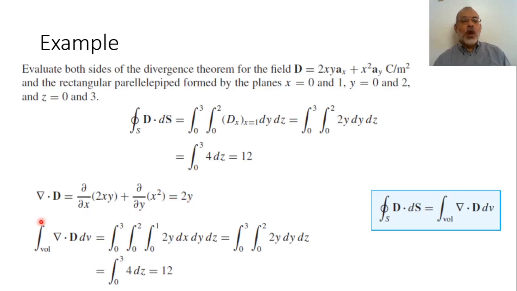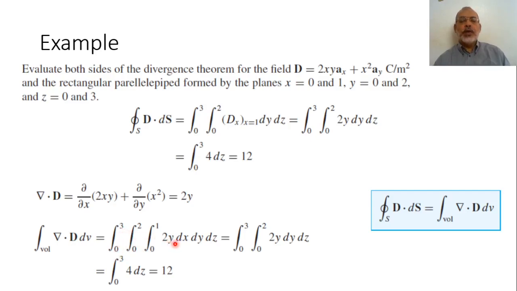Now, if we make the volume integration of the divergence of D with respect to the volume, the divergence of D is 2y and the volume is dx dy dz, with limits for x from 0 to 1, y from 0 to 2, and z from 0 to 3.